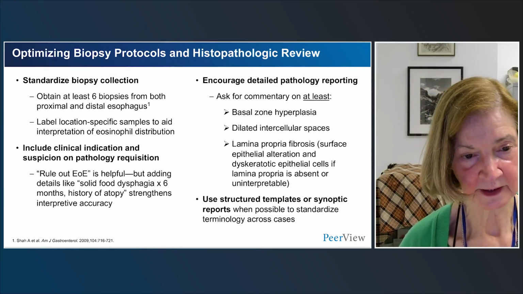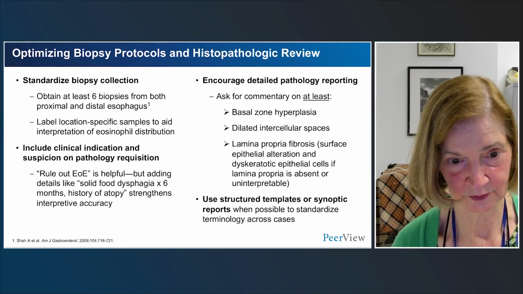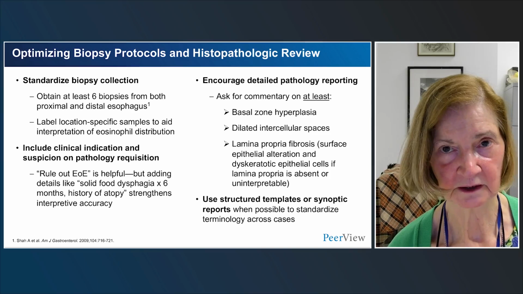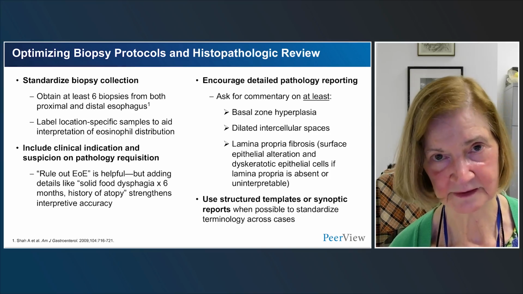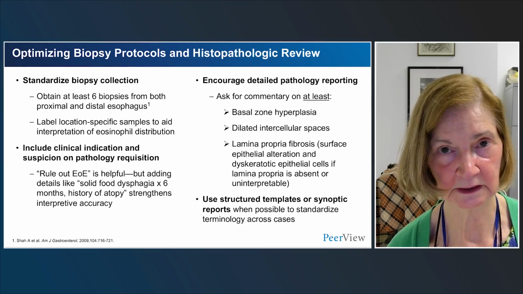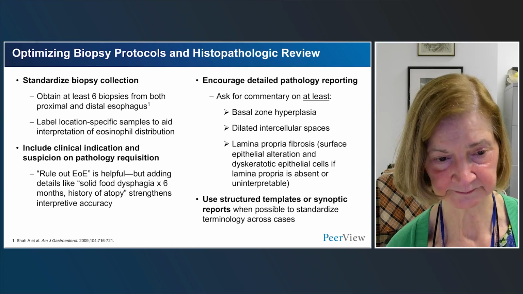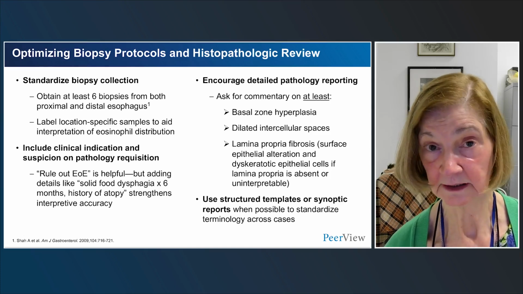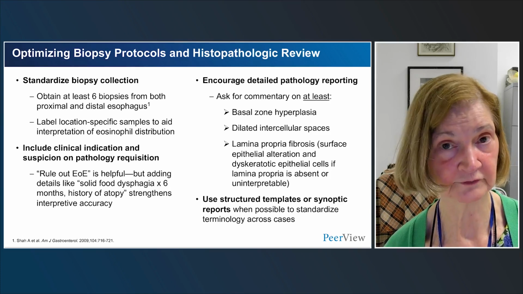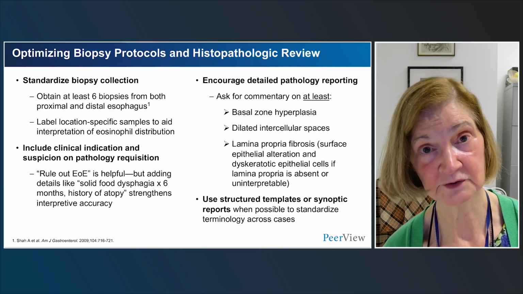So, optimizing biopsy protocols and histopathologic review is obviously important. Standardized biopsy collection optimizes the probability of making the right diagnosis for a patient undergoing endoscopy, either at baseline or following a therapeutic intervention or following onset of new symptoms or for monitoring.